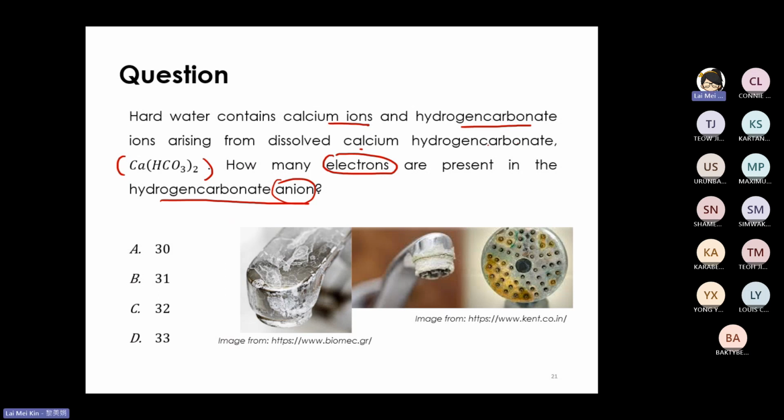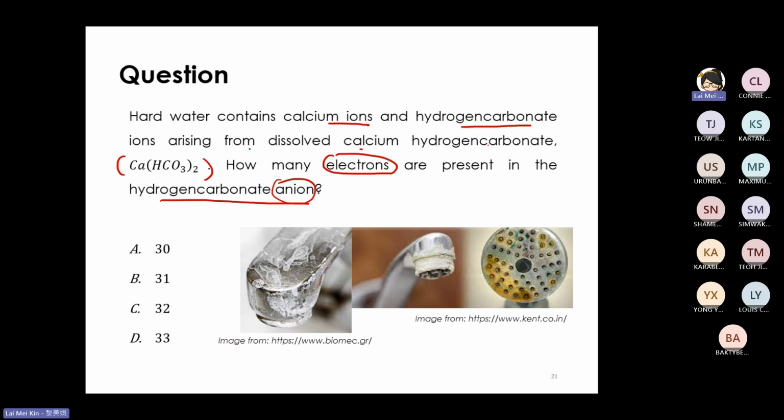Who else? Anyone else who has gotten the answer? Okay, a few.